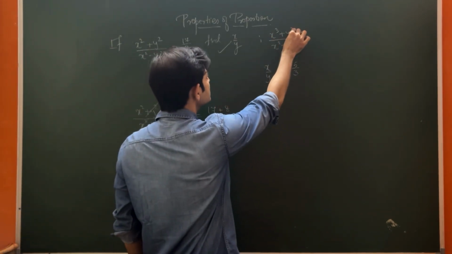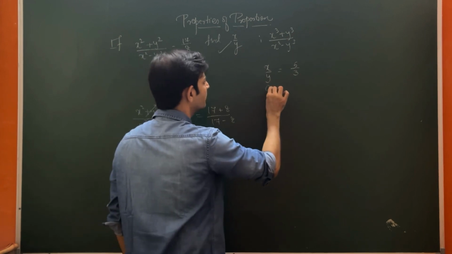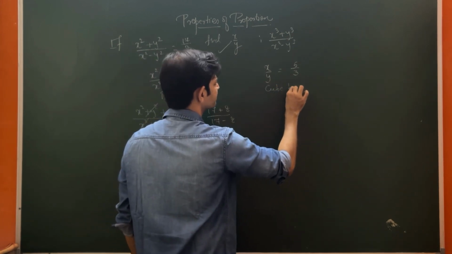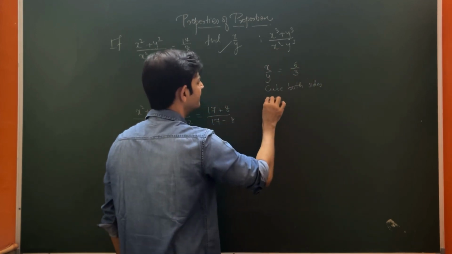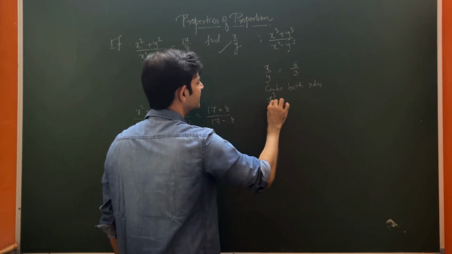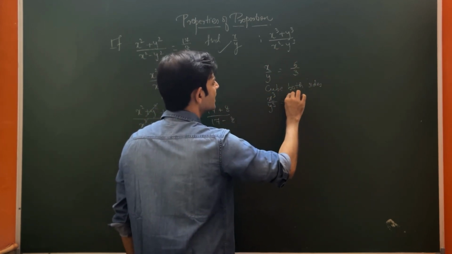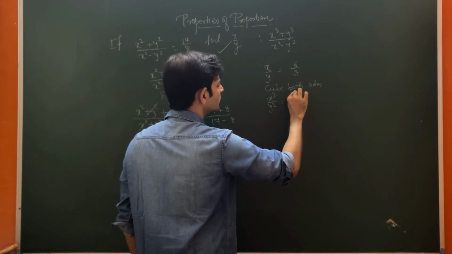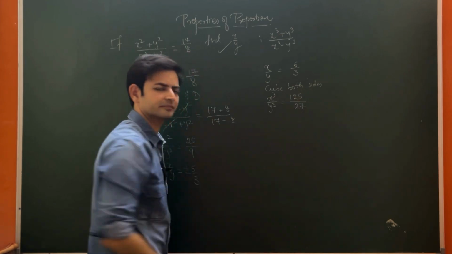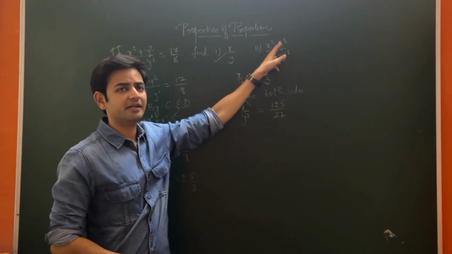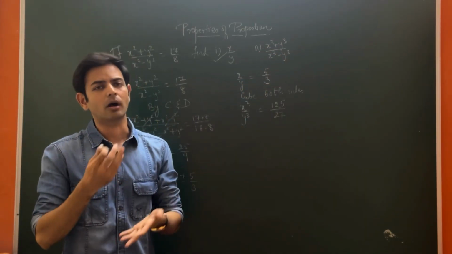Now because we need cubes here, we will cube both sides. So this will become x³/y³ = 5³, which is 125, upon 3³, that is 27. Now because we want plus in the numerator and minus in the denominator, we will apply componendo and dividendo both.